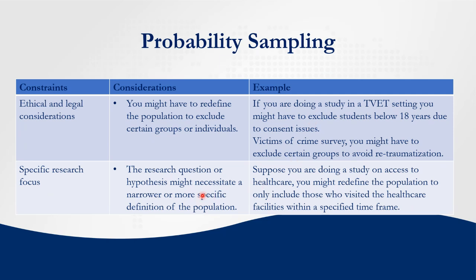Sometimes what dictates how you must do things is the specific research focus. If you are doing a study on access to healthcare, you might have to define your population based on those who visited the facilities within a certain time frame. So there are those considerations that you need to take into account.